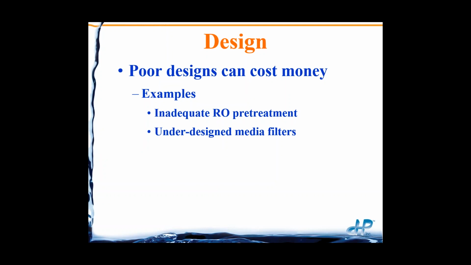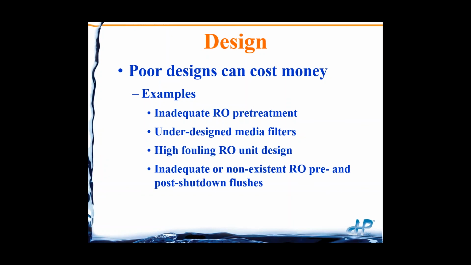So if we have under-designed media filters, in other words, the loading rates are too high, so you just don't get the particulate removal that you want. You have a high fouling RO unit design. You don't have enough membrane in it. They didn't give you enough pressure vessels and membrane elements so that your water flux rates are too high and/or your cross flow rates are too low.